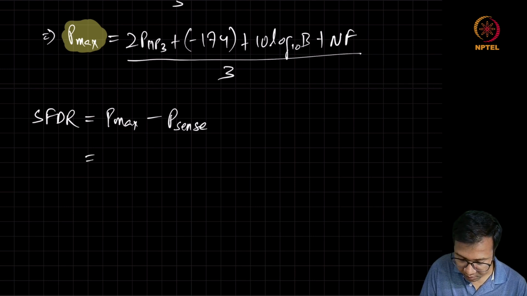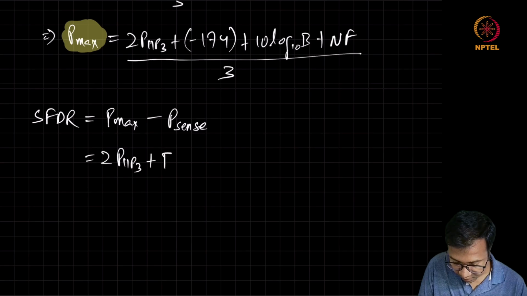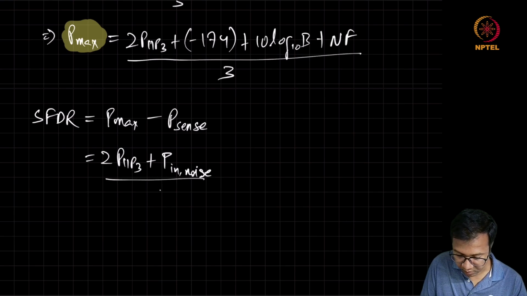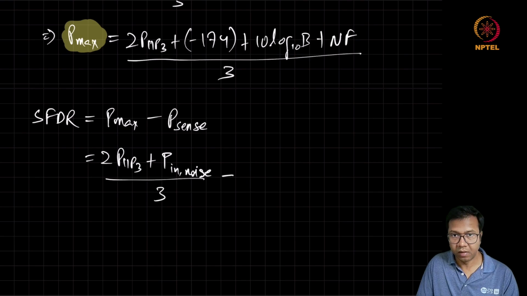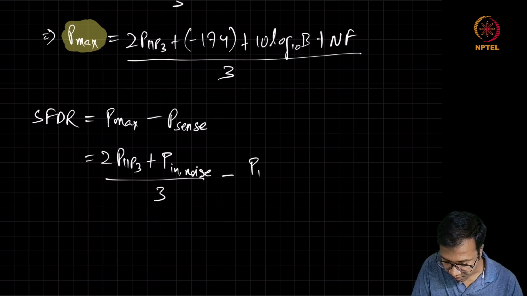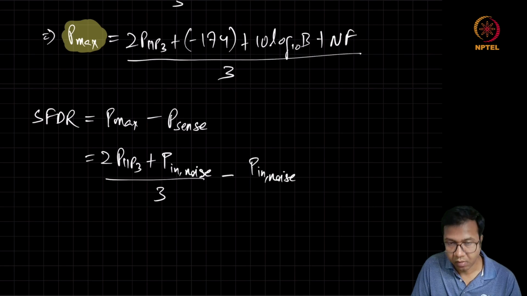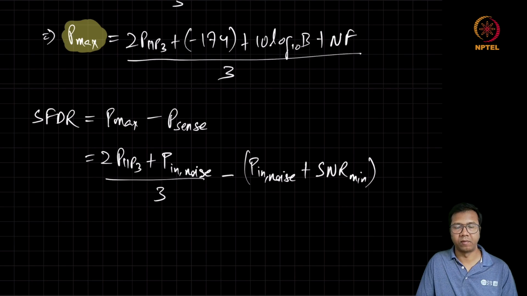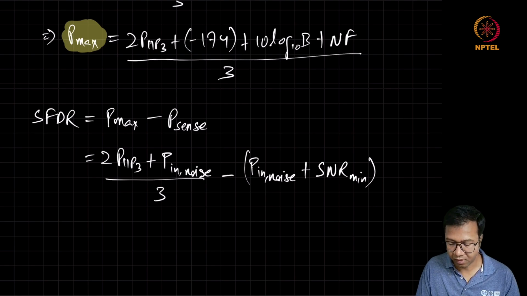So this can be written as (2 PIIP3 plus the input referred noise) divided by 3 minus the sensitivity, which is the input referred noise, along with that the minimum SNR. So on top of the noise floor, the signal needs to maintain some SNR for satisfactory demodulation.